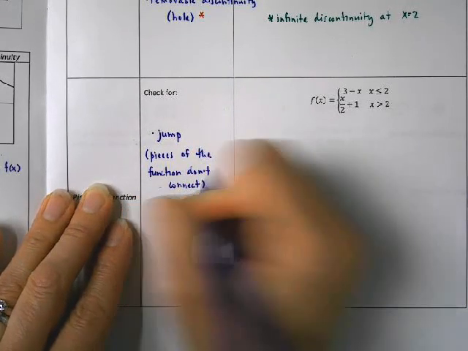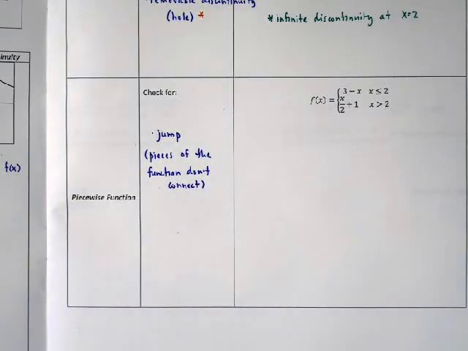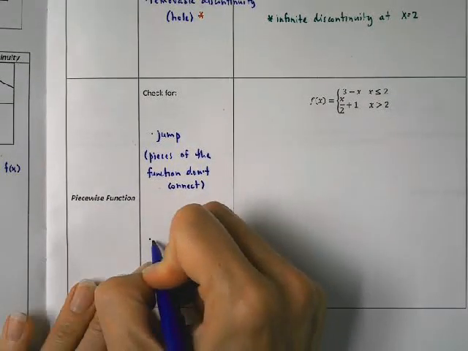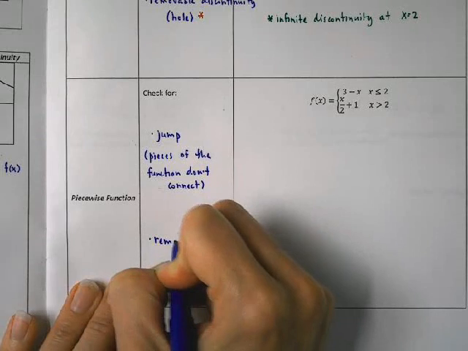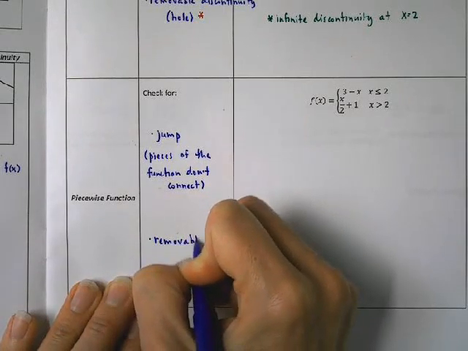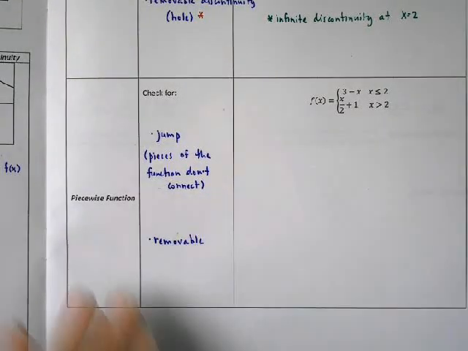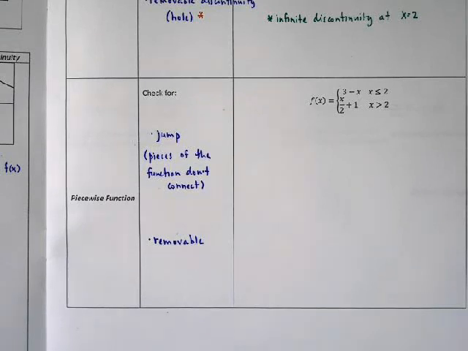And we'll see how to analyze that algebraically. The other thing that may happen is I may have a removable discontinuity. So maybe they connect, but at that break point, we don't have a defined value.